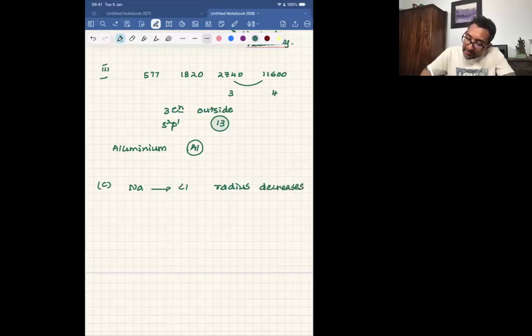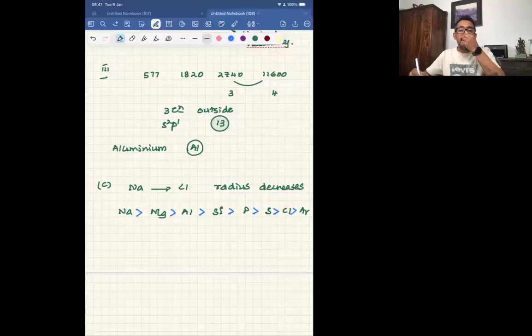Or you can say sodium, magnesium, aluminium, silicon, phosphorus, sulfur, chlorine, argon, and you can draw it like that. This is the trend. So this is also one way to say that. Or you can say that the atomic radius decreases across the period. Is it clear?